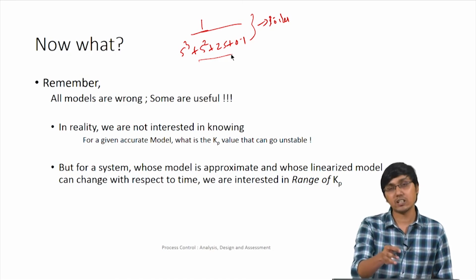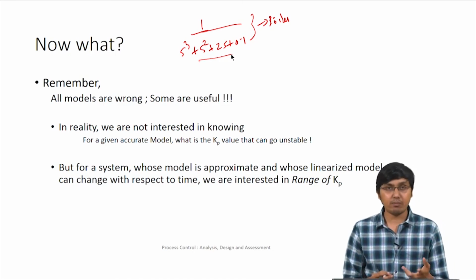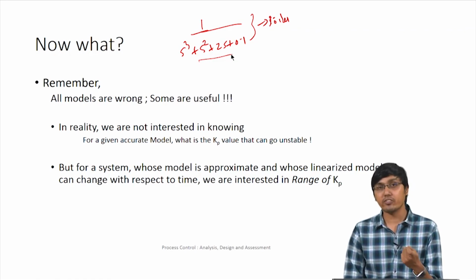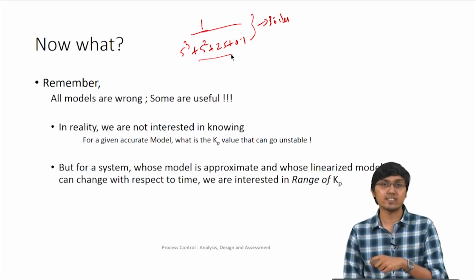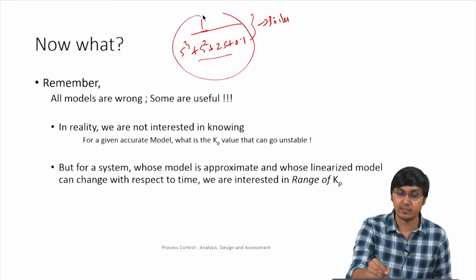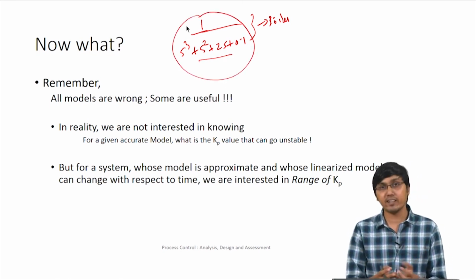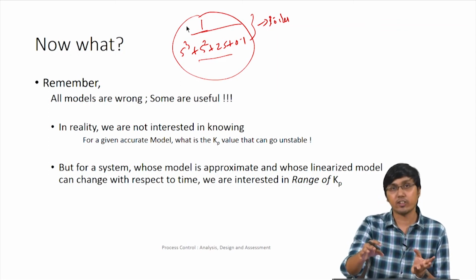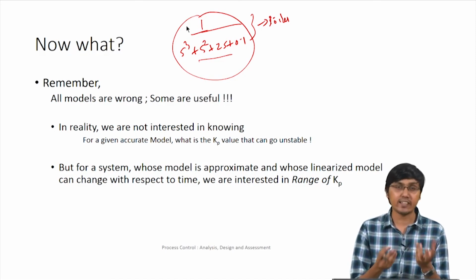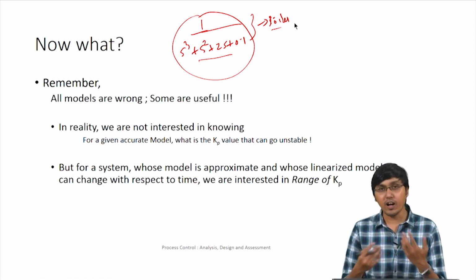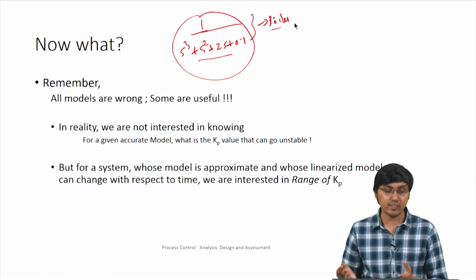So with this approximation, if I find a Kp value, we do not know whether that particular value of Kp is exactly where it is going to go unstable. All this does not make sense when the model itself is an approximation. We can say Kp somewhere closer to 1.9 is going to go unstable, but we do not know exactly at what Kp, or how the system will behave. Even if this is a linear system, the boiler itself may not be linear. There are a lot of approximations and assumptions.